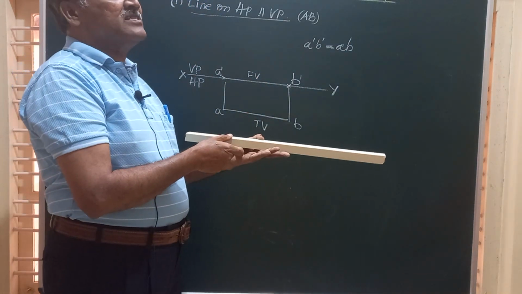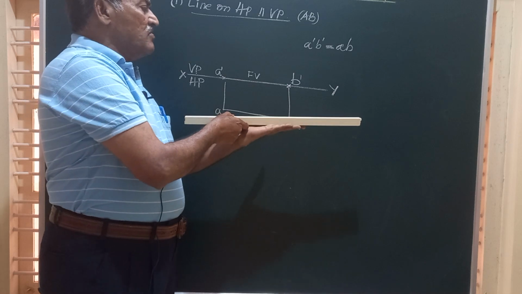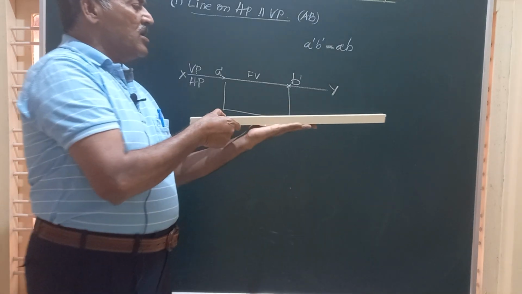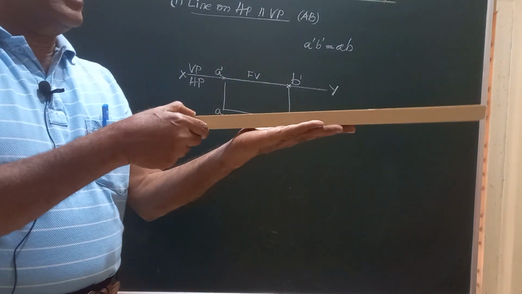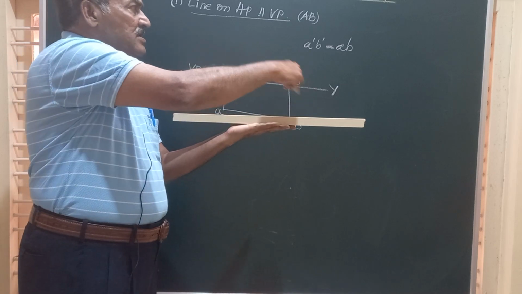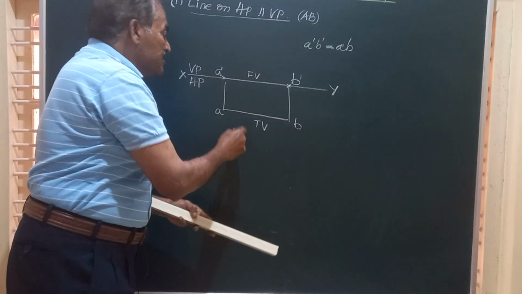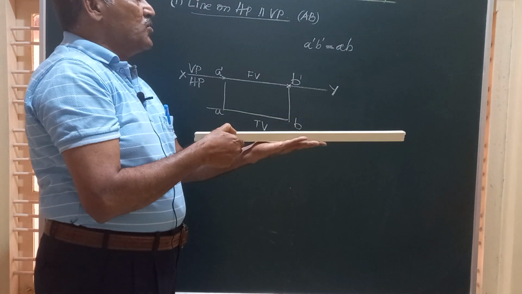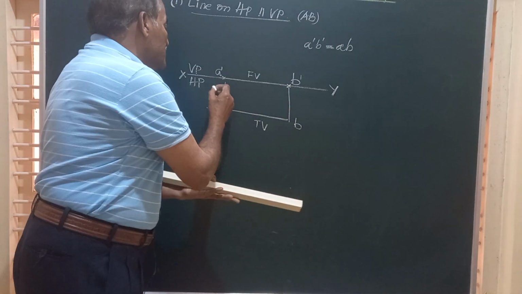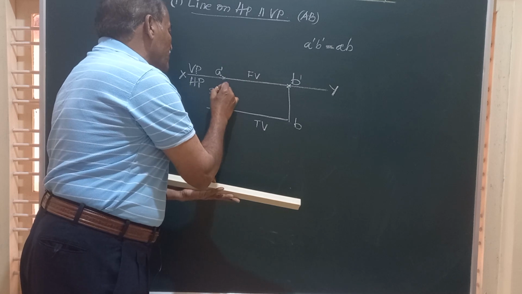How to obtain this? Friends, whether the line is parallel here or here or here, anywhere when it is parallel, the distance of that line from the VP can be seen in the top view. Suppose this line is at a distance of 30 mm, so that can be seen in the top view.